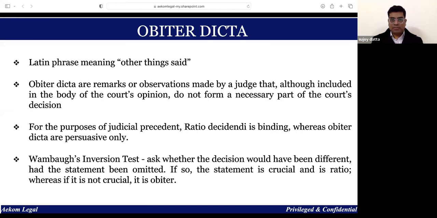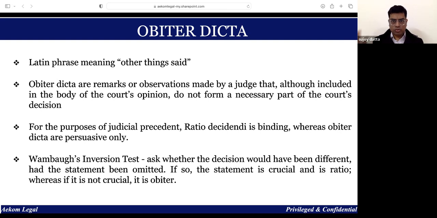To cite an example, let us take the example of J.K. Jute Mills again, where it is decided that the timelines prescribed for curing of a defect are not mandatory, they are directory. And while this was the chief question and controversy before the court, it is also noted by them that a petition for financial debt can be filed in respect of debt owed to any other entity and not just the petitioner.